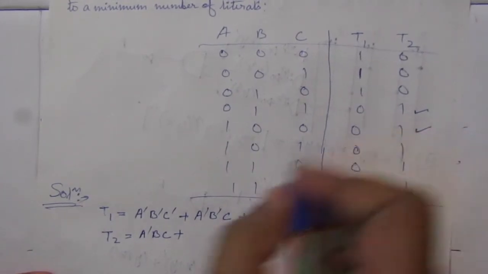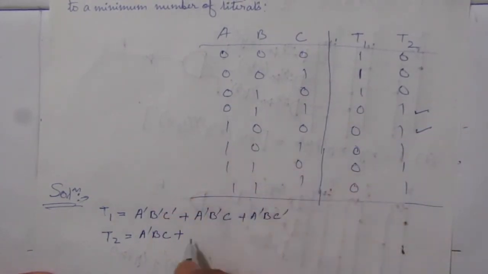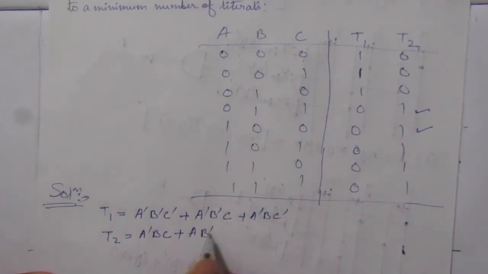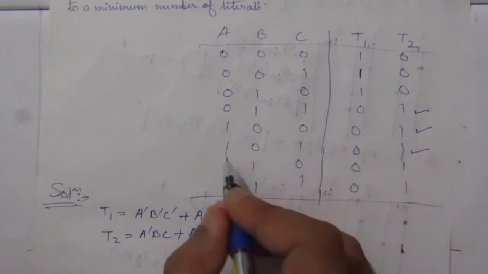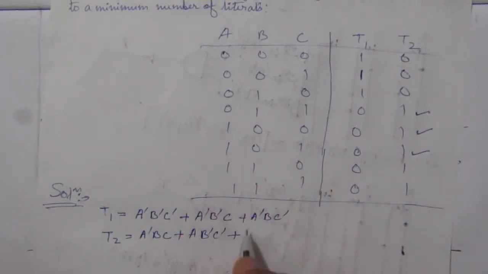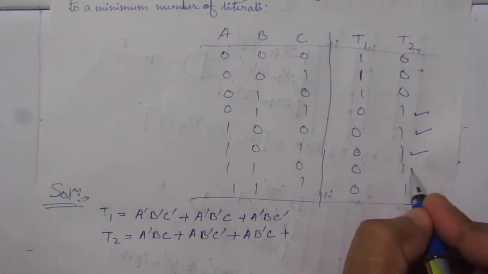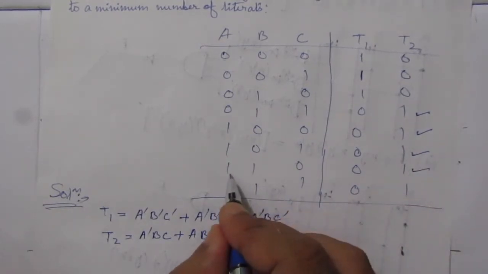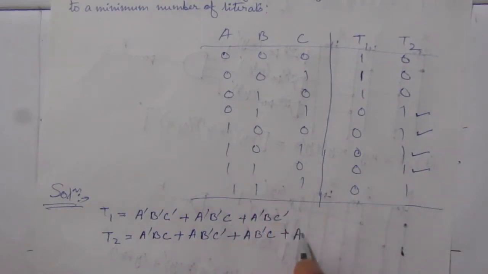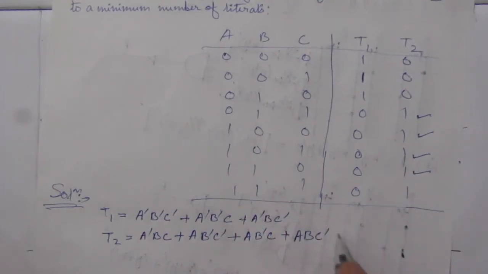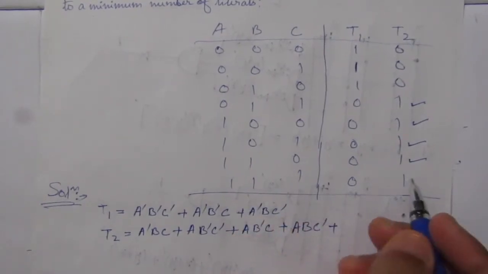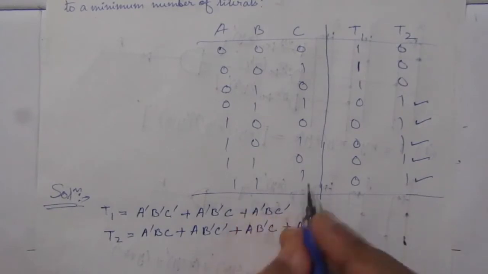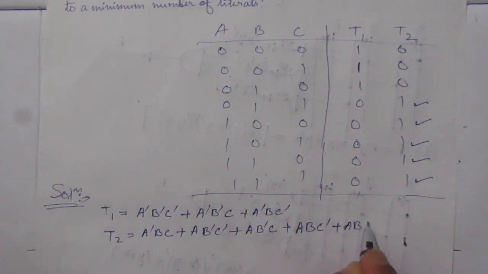For this one, we will have A, B bar, C bar plus, for this one, we will have A, B bar, C plus, for this one, we will have A, B, C bar. And for the last term, we will have A, B, C.